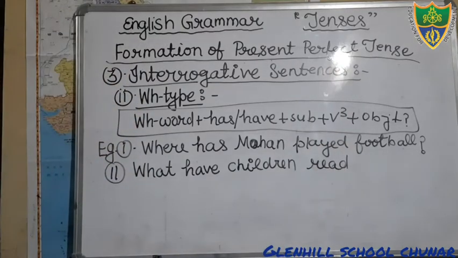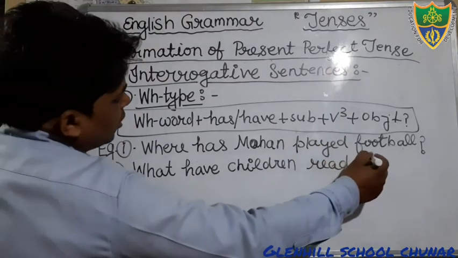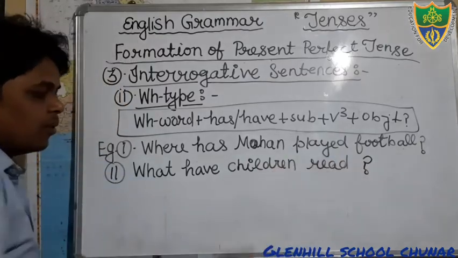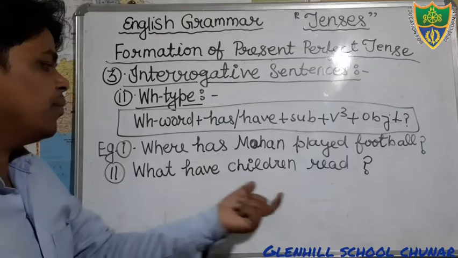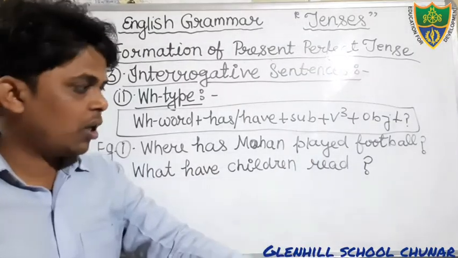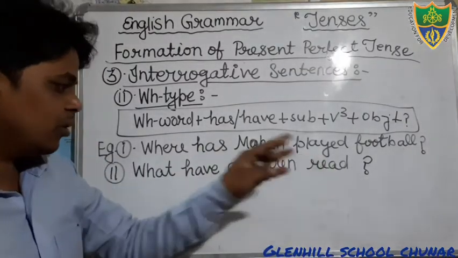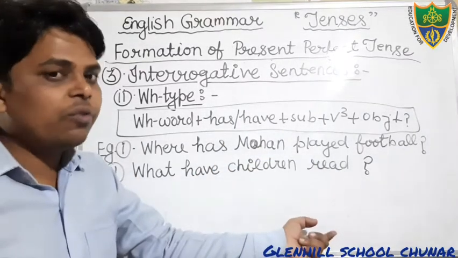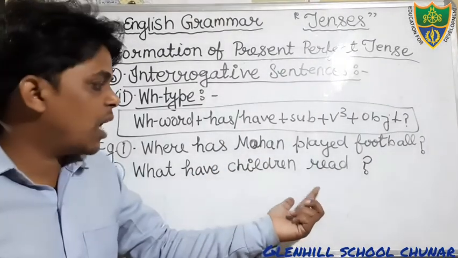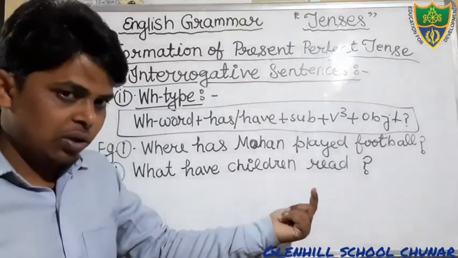Okay, just here, what have children read? That is also the third form of the verb. If you want to mention the object, you can mention it: what have children read today? Or you can mention only up to this. Okay, what have children read? We can get the answer: children have read a book.